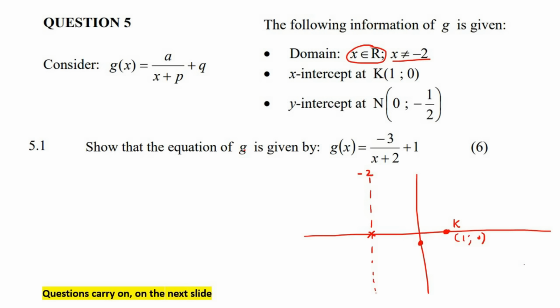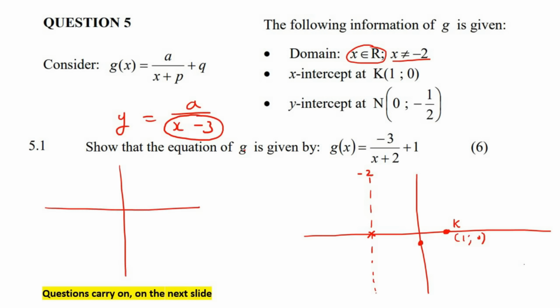But what we can do is, with a hyperbola, this part here will tell you where the vertical asymptote is. So for example, if it says y equals a over x take away 3, then that means the graph has moved 3 places to the right. And so if it was like that, you would have a vertical asymptote at x equals 3.